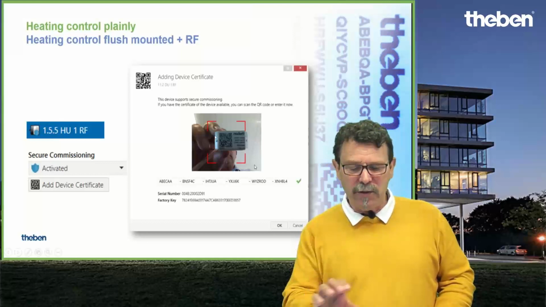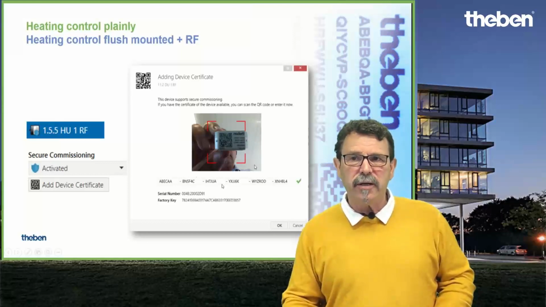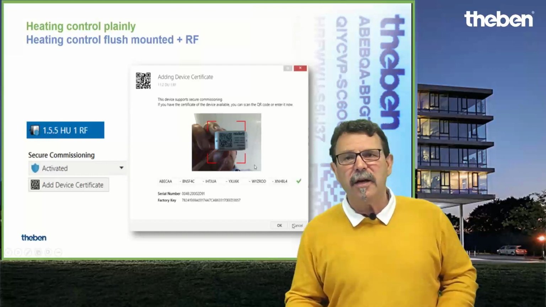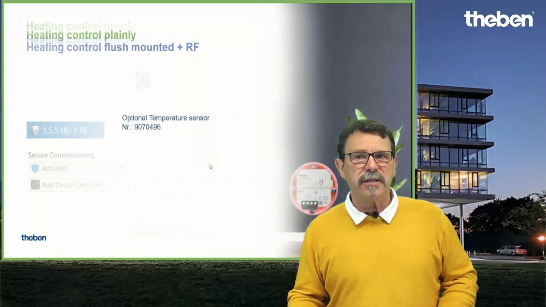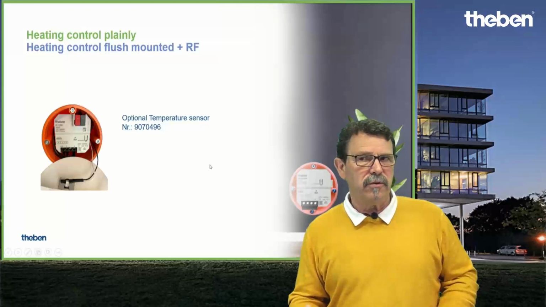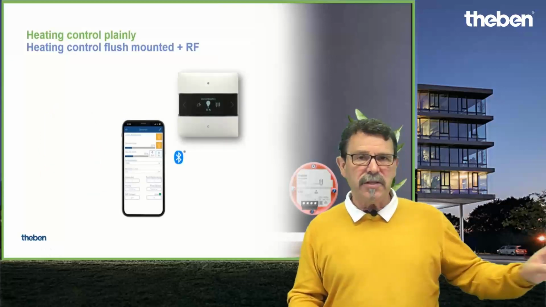You just hold it in front of the camera of your laptop. This QR code is read, scanned and taken over. Then you can address, operate and communicate with this product in a secure mode. Quite simple, quite excellent.